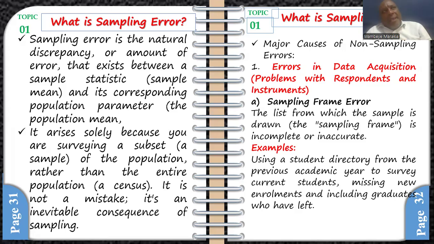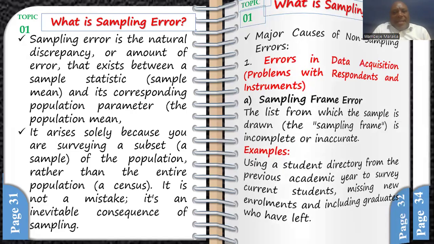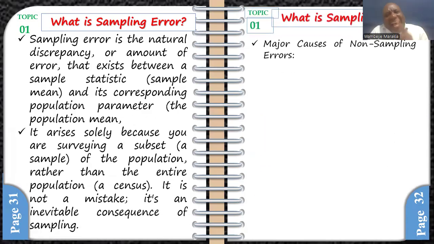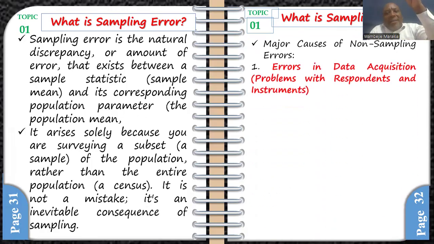Here you've not done the sampling, the errors are coming in not as a result of the sample size, but as a result of the methods you use to acquire your data. We call them errors in that acquisition. These are problems with the respondents and instruments you are using.